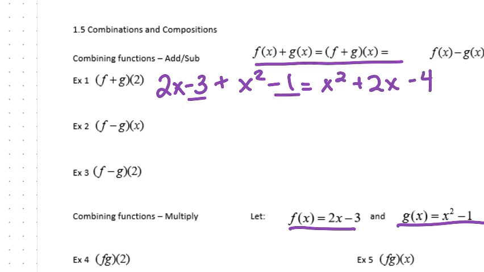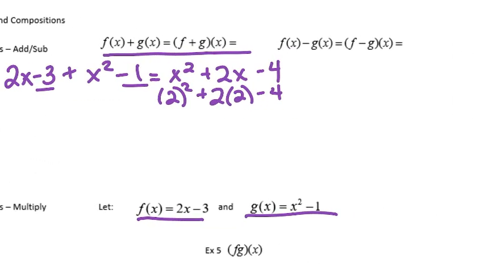So all I did was do f of x plus g of x. Now I'm going to substitute in the 2 for the x. So I'm going to go ahead and find what that is. That'd be 4 plus 4 minus 4, which just equals 4.